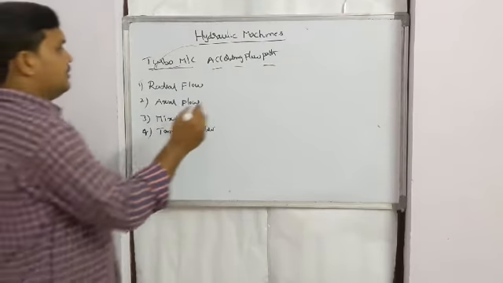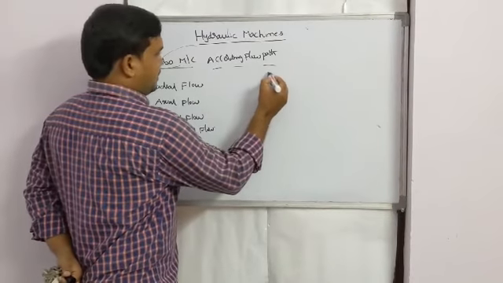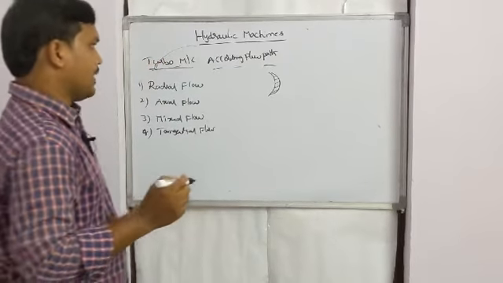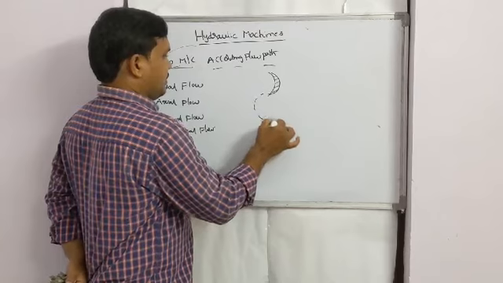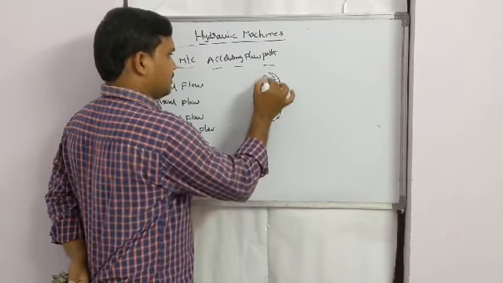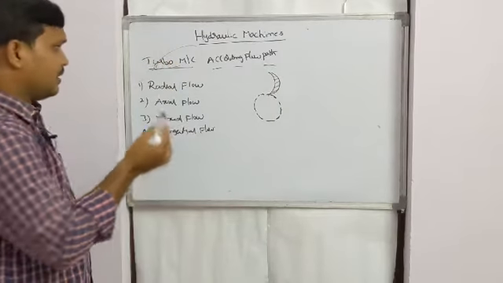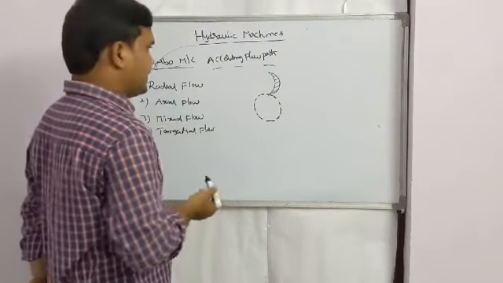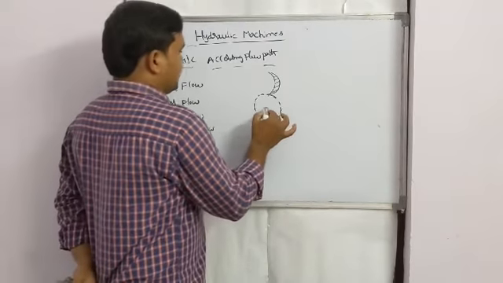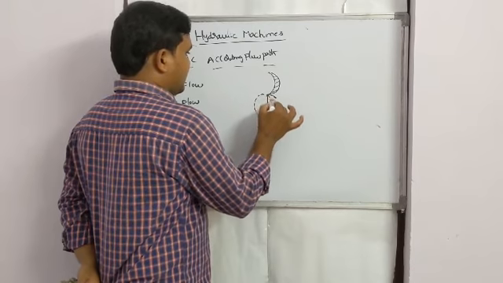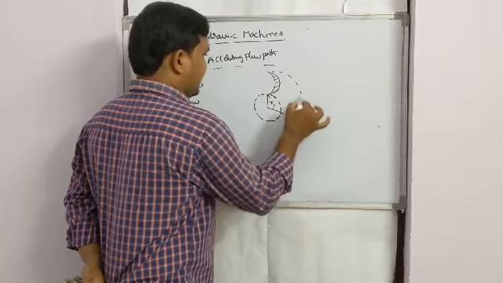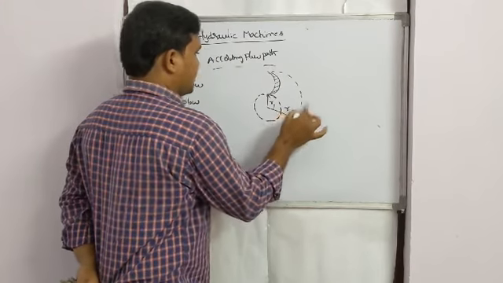For example, this is a blade of any hydraulic machine, whether it is a pump or a turbine. This wheel is situated at the outer periphery. Radial flow means, from the center axis, this is one radius, R1, and this is another radius, R2.